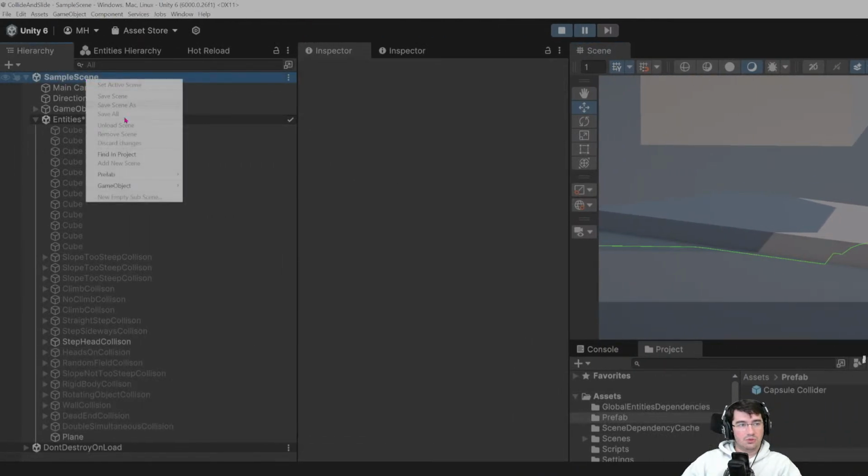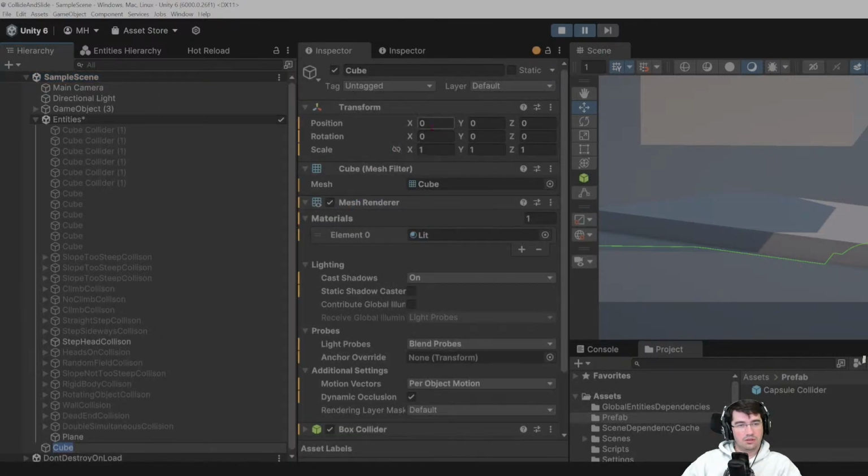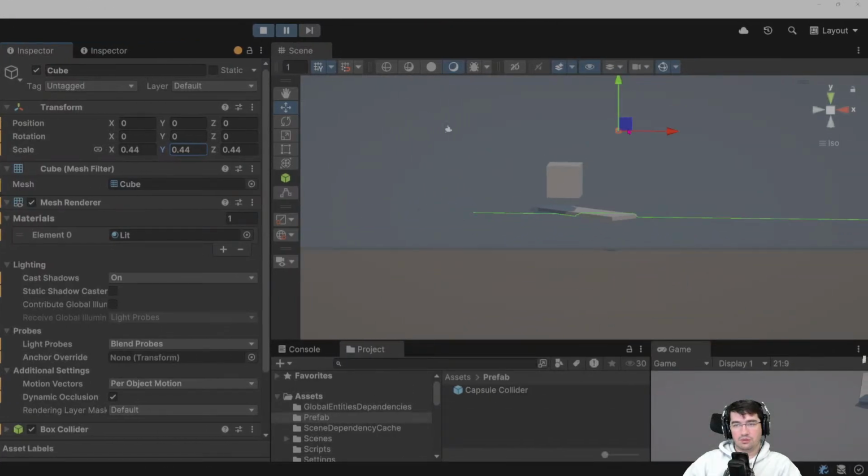Let's measure, so create a 3D object cube, scale on Y 0.44. So easy if you want.